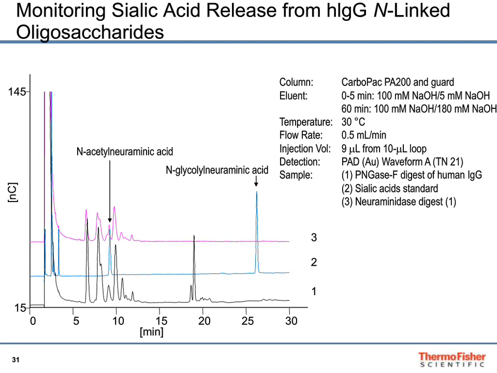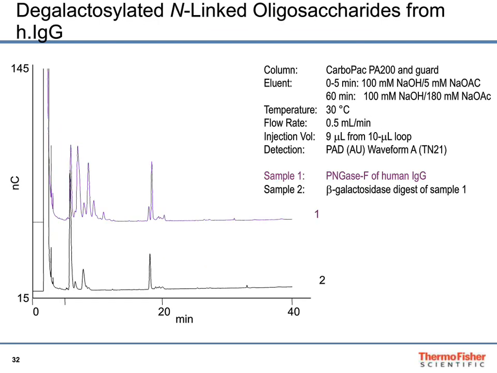So let's look at another treatment. In this case, our PNGase F digestion of human IgG is in the top position, or 1. Let's just treat that with galactosidase. So we haven't treated with neuraminidase yet. We just treated with galactosidase. What we see, we greatly simplify the neutral region.